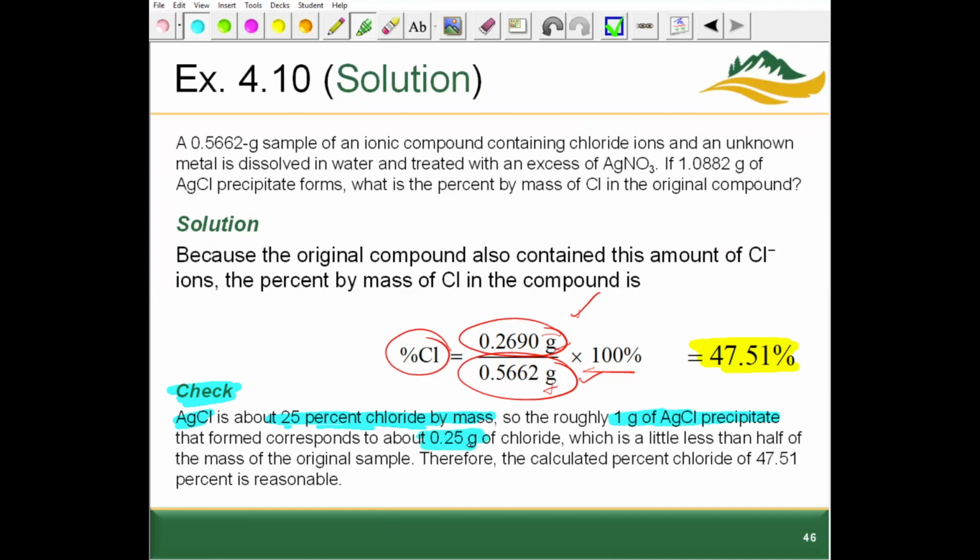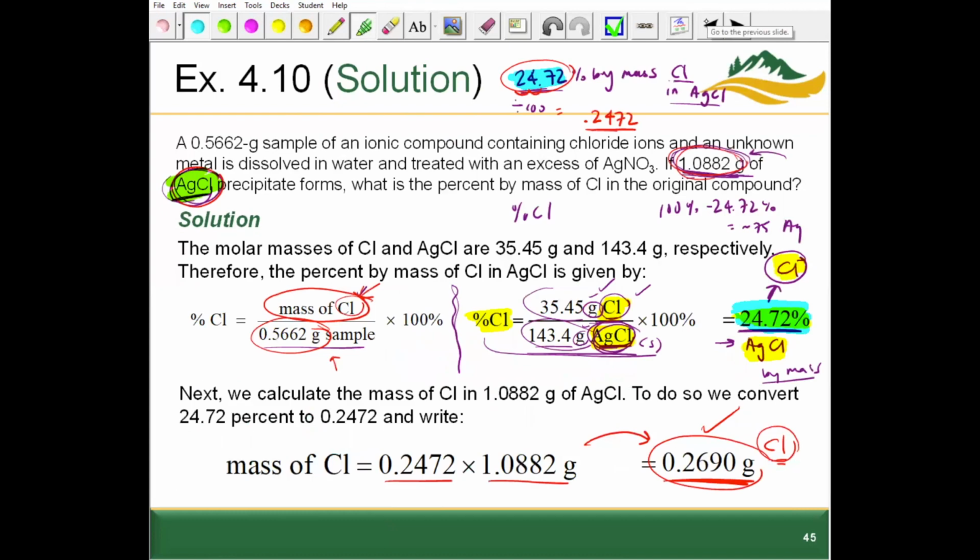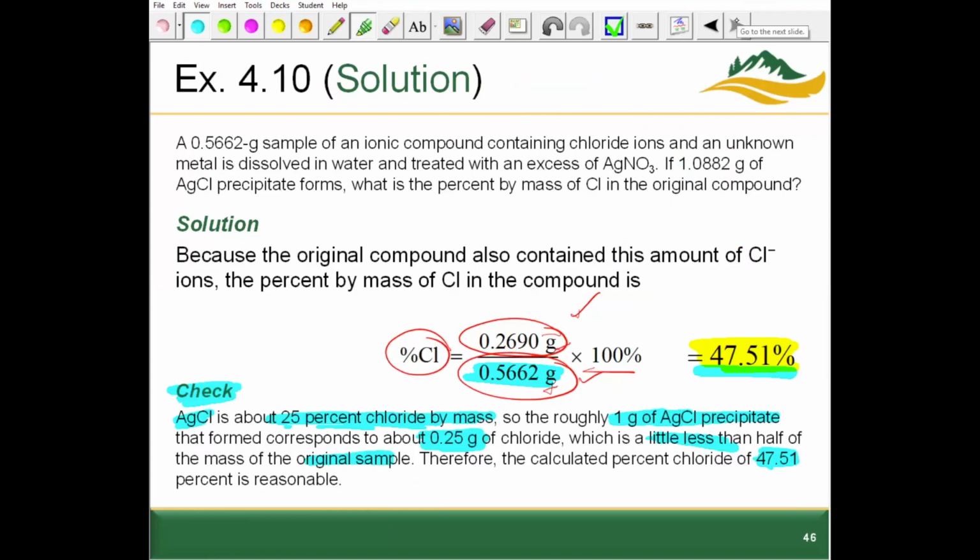This 0.25 grams is a little less than half of this total sample of our unknown, our original sample. So therefore, about half makes sense for our final answer here. And that roughly 1 gram came from this amount here that we're told formed of AgCl. So that's one check we could do just to verify for ourselves.